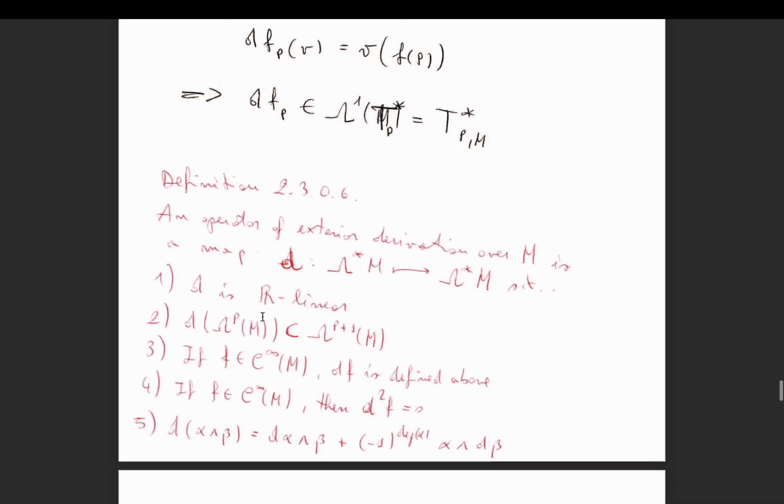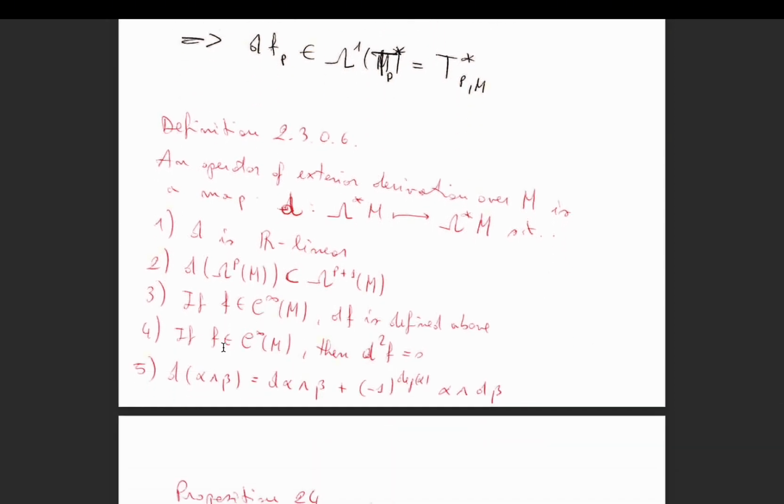If f is a smooth function defined over M, then d square f is equal to 0.